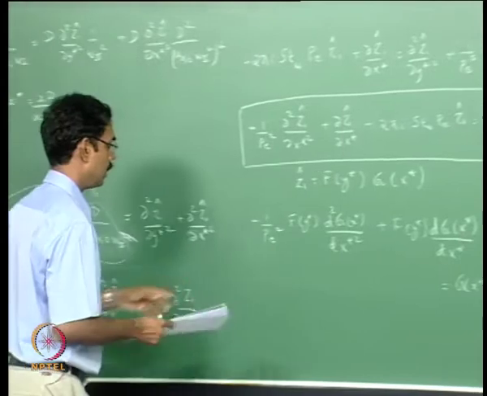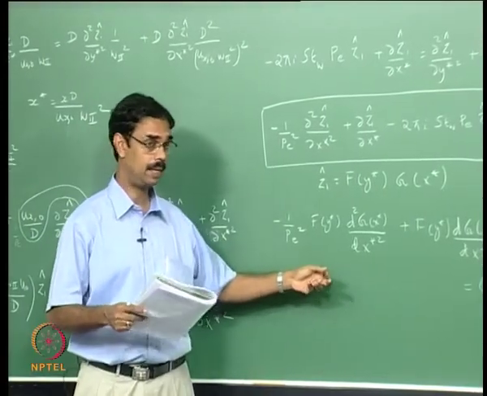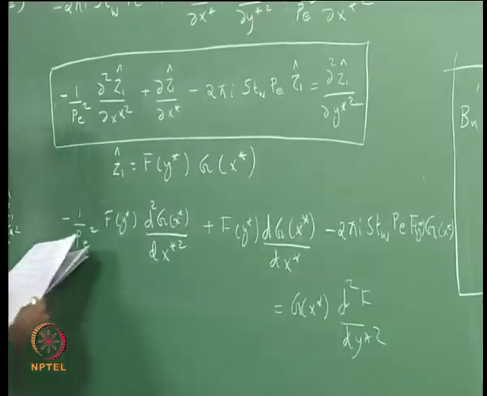So if you now divide throughout by fg, then you can simplify.